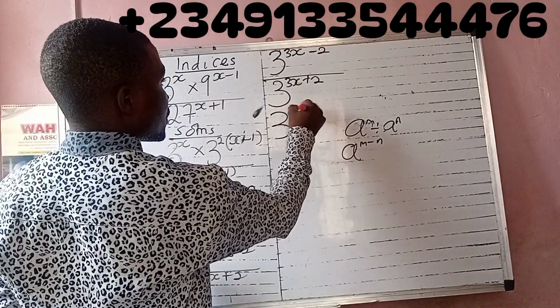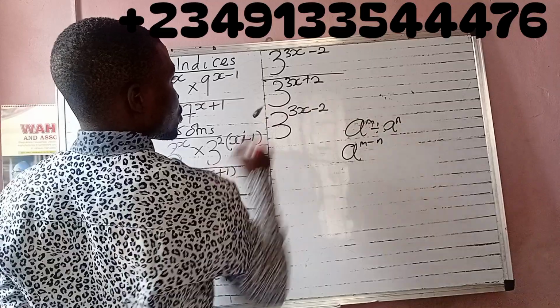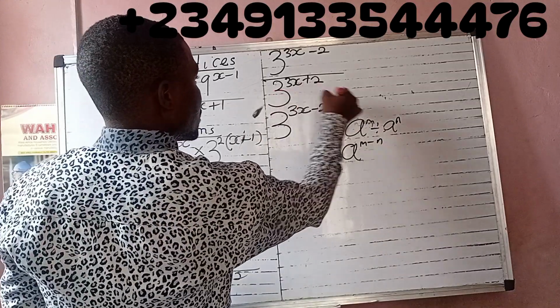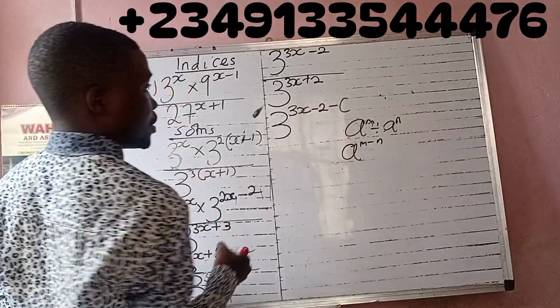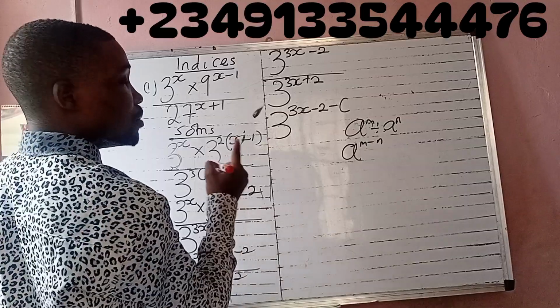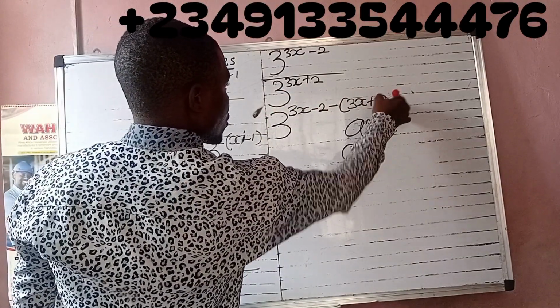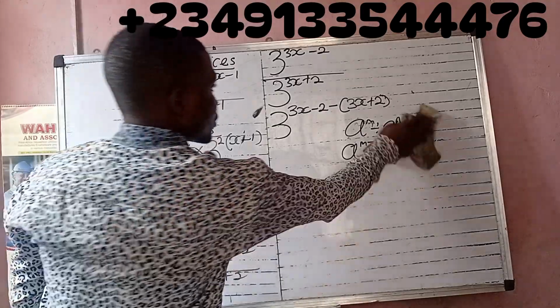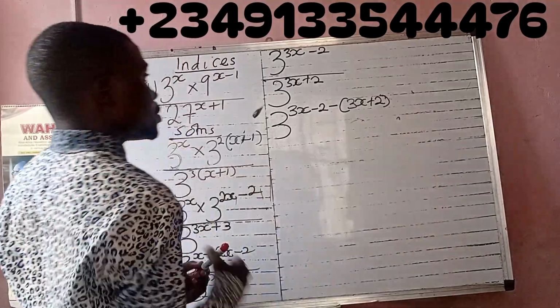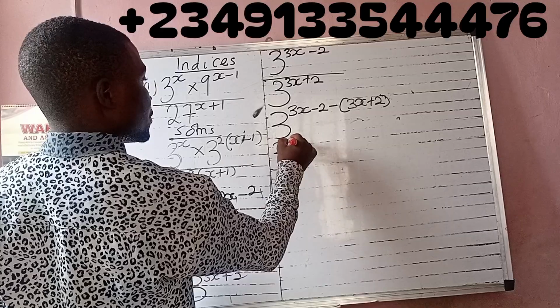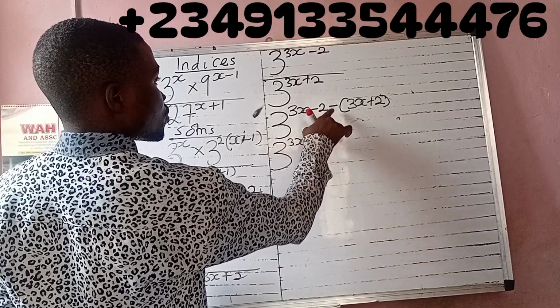So here we have 3x minus 2 minus this one. Please put brackets. If you do not put brackets, you really miss the question because of the sign. So 3x plus 3. So let's simplify. We have 3x minus 2.